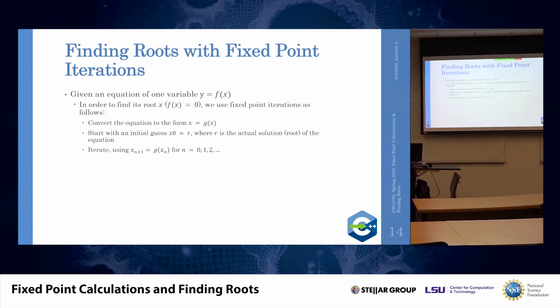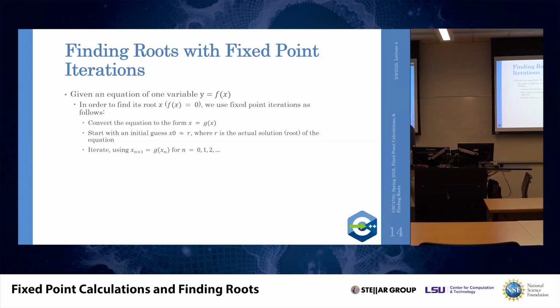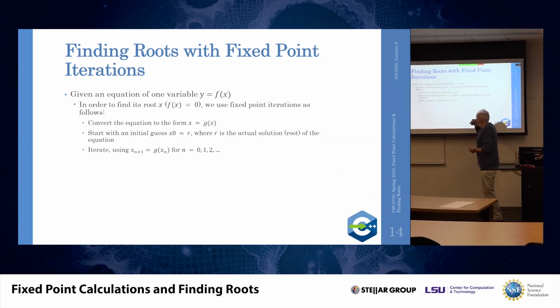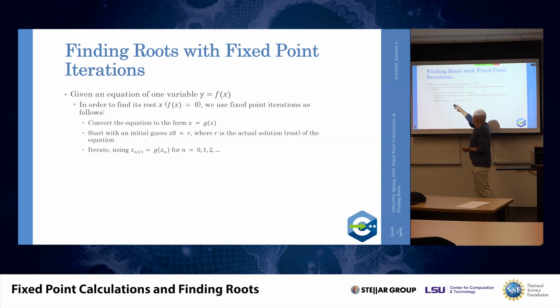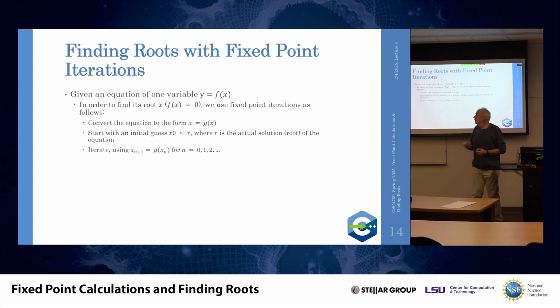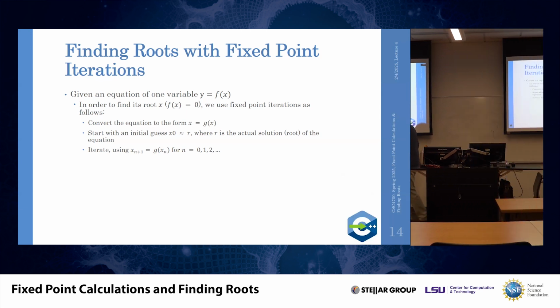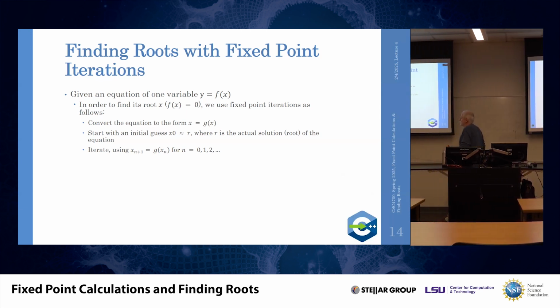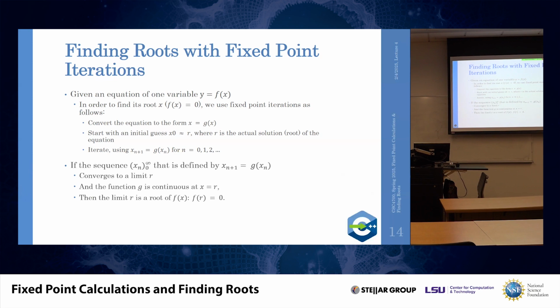Now, we start with an initial guess of x0, which is close to the actual solution, and we iterate over computing g of x repeatedly for n from 0 to some upper limit.